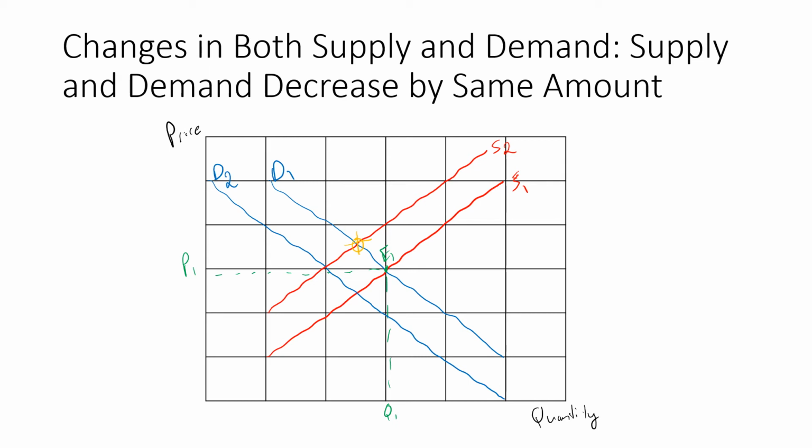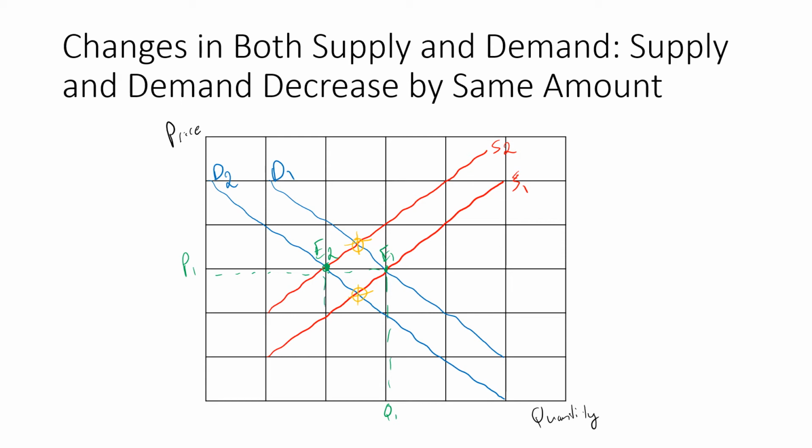So we're not going to use that point, nor this point, because this is the intersection of supply 1 and demand 2. We are looking for the intersection of demand 2 and supply 2, and that's going to be here. So this is our new equilibrium point, equilibrium 2.